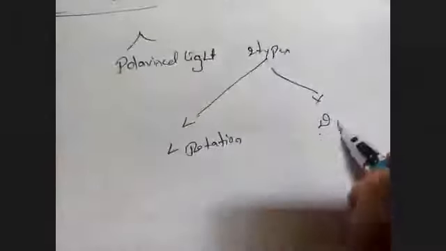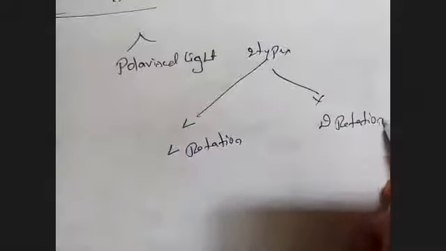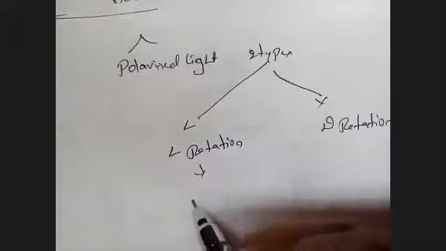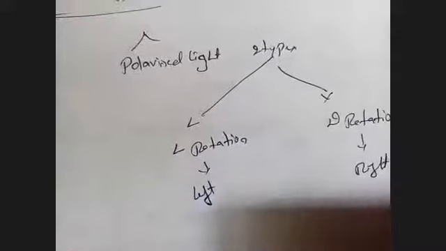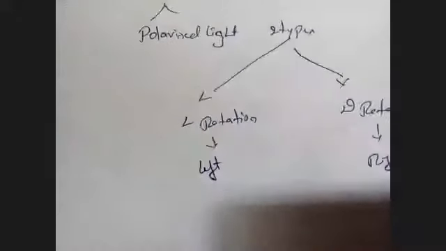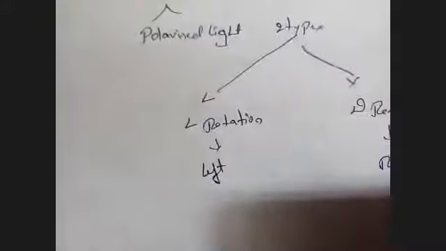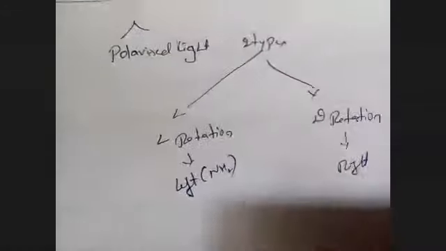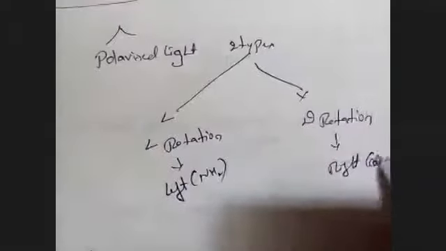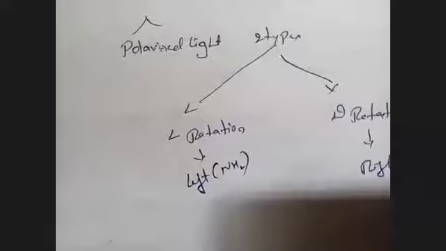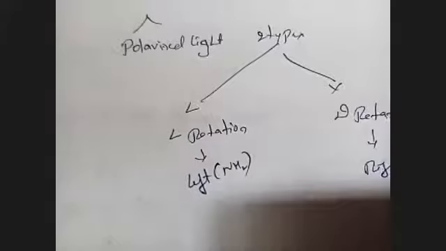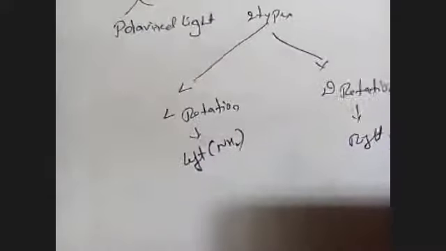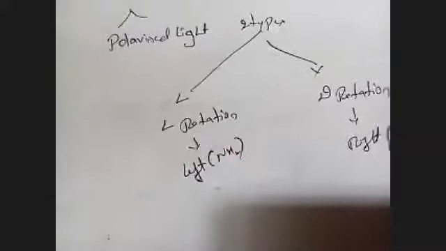L rotation means the molecule rotates towards the left, and D rotation towards the right. That is, the rotation is towards the amino group or towards the carboxylic group. This is called L and D rotation in amino acids, based on the plane of rotation. So this is the optical activity of amino acids.